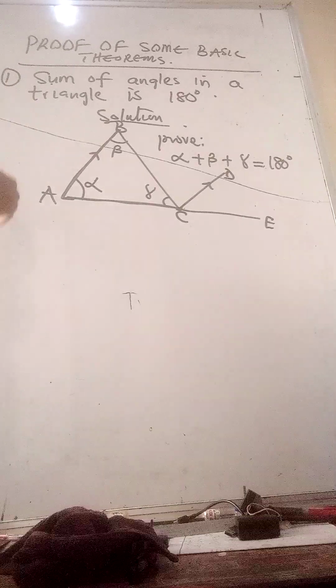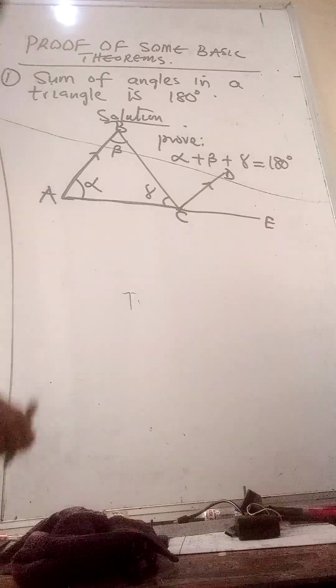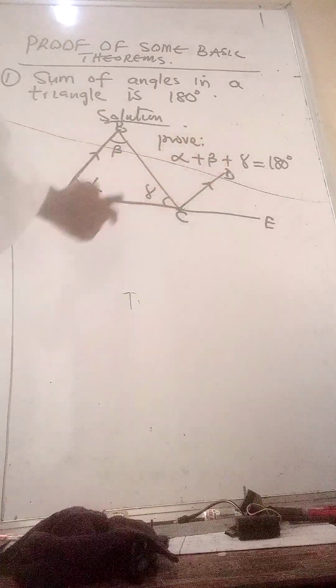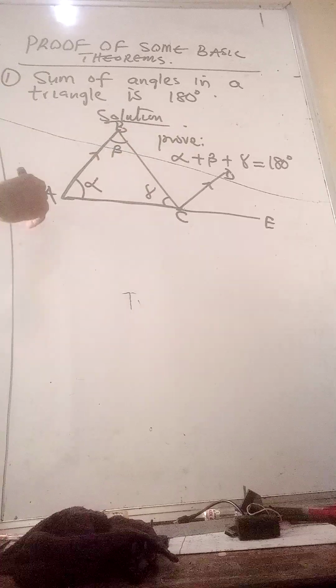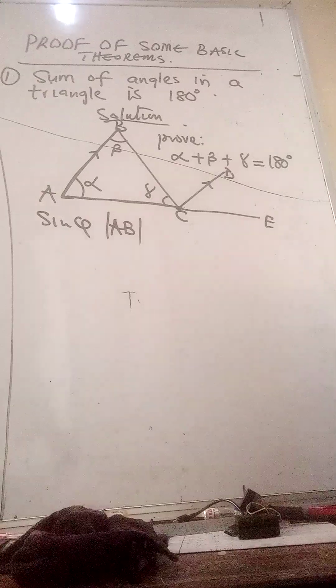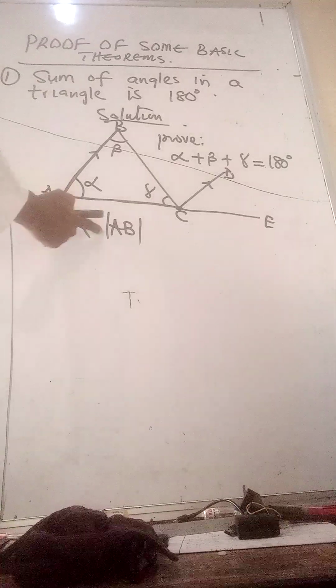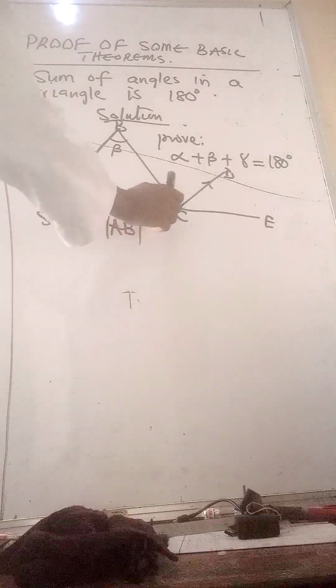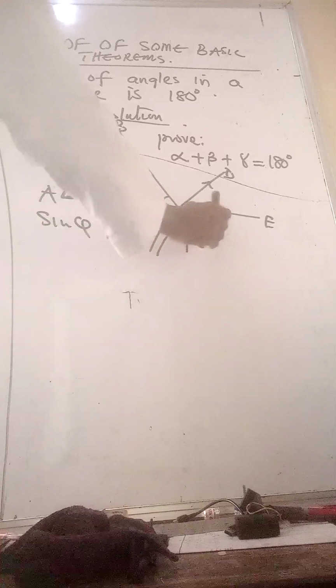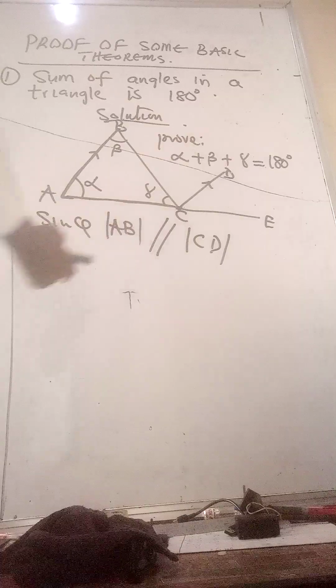Now, from this diagram, since AB and CD are parallel, line AB is parallel to line CD, that is this line.